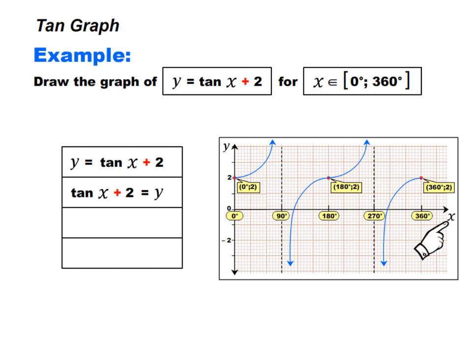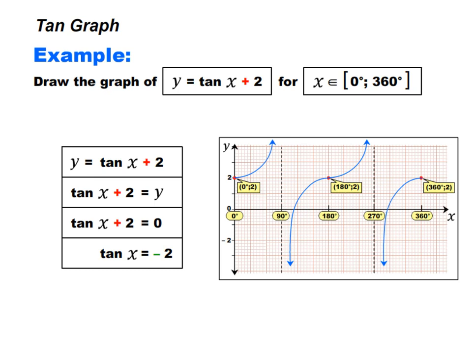Because we want the x-intercept, let us make y to be 0. So far we have tan x plus 2 is equal to 0. This 2 will become negative 2 if we take it to the right-hand side. So far we have tan x is equal to negative 2.